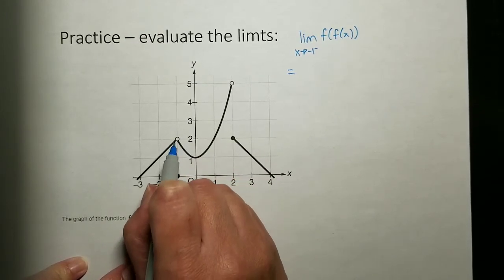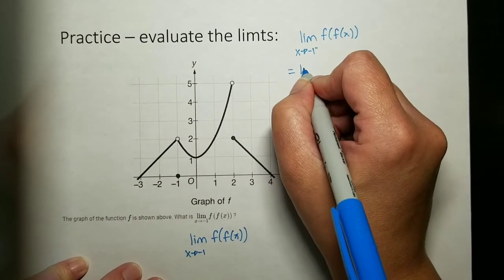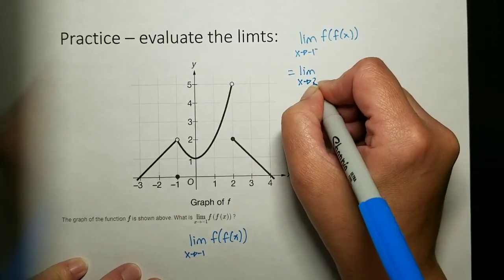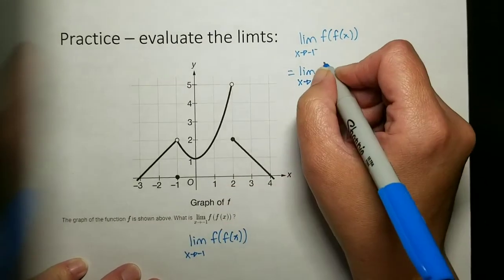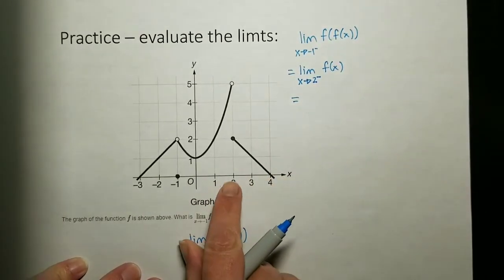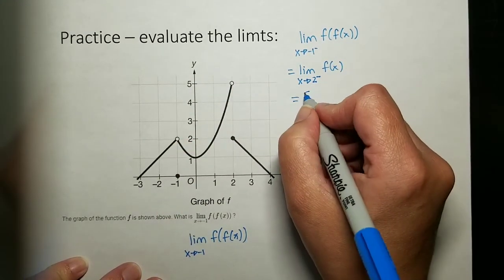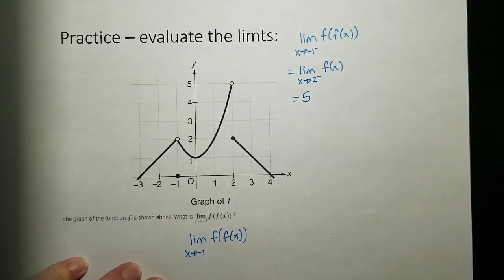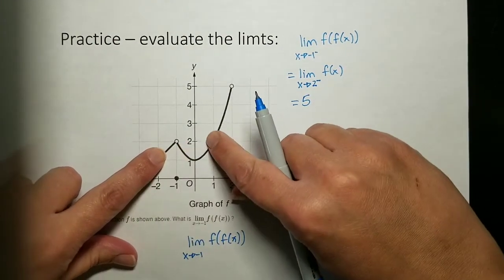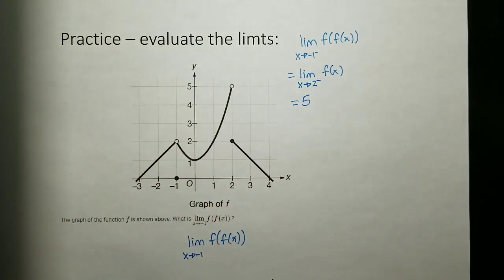We're coming at that 2 from numbers that are below 2. So this would be the limit as x approaches 2 from below of f at x. Now, if we're approaching the 2 from numbers smaller than it, we get 5. So that's going to be the same from the right. You see how we're approaching the 2 also from below, both from the same side.